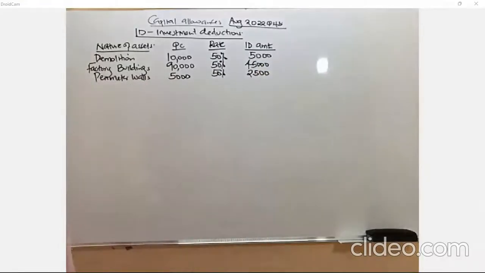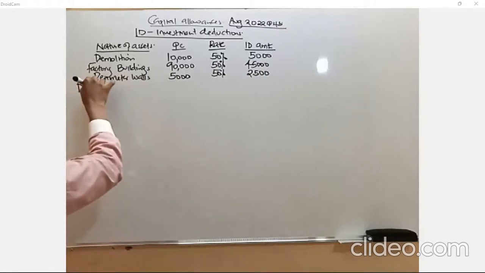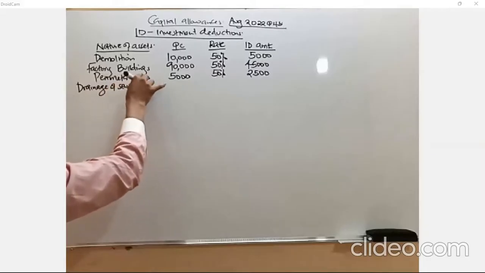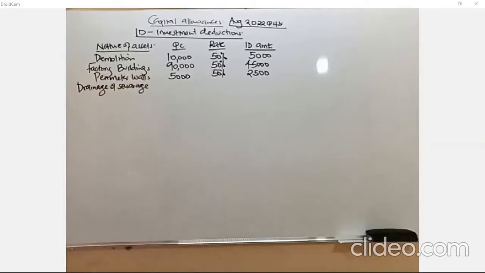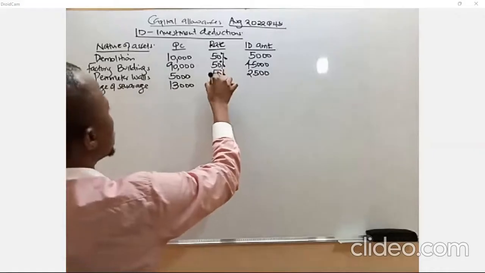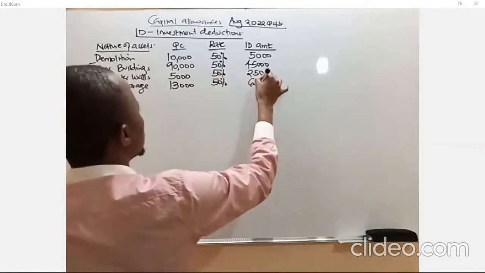Then after the perimeter walls, we have the drainage and sewerage system. The qualifying cost will be 13,000. 50% is our rate. So this translates to 6,500.